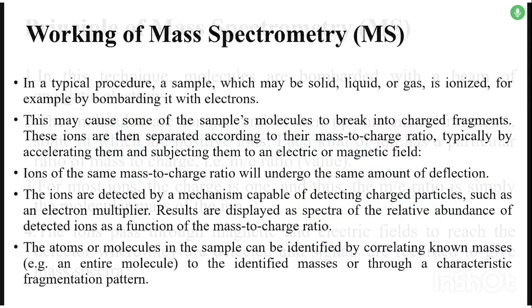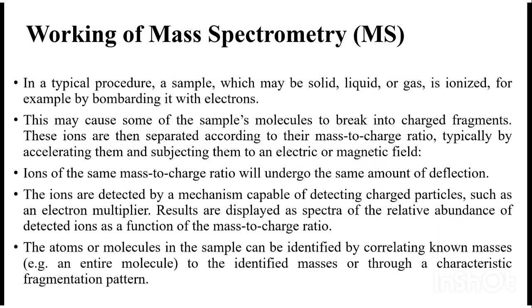So what is the working principle, how does it work? In a typical procedure, the sample, which may be solid, liquid or gas, is first ionized by bombarding it with electrons. This may cause some of the sample molecules to break into charged fragments.